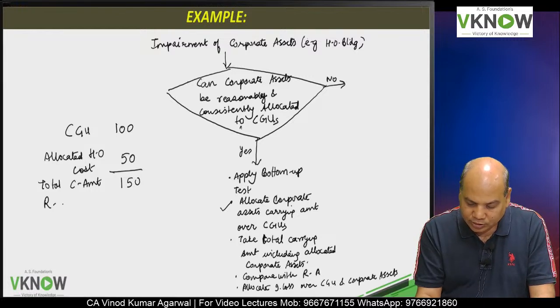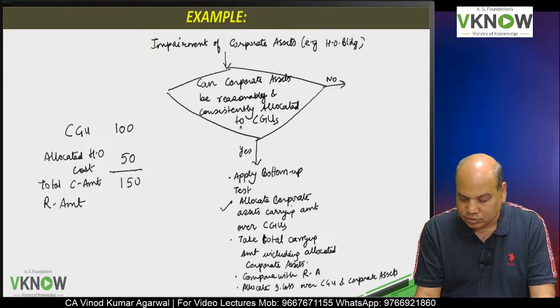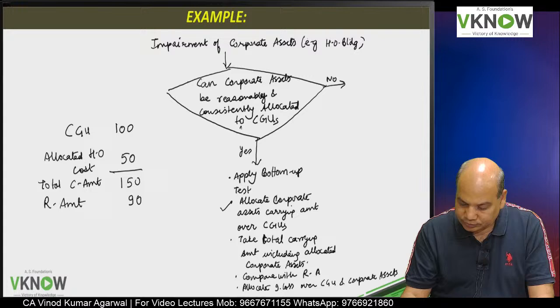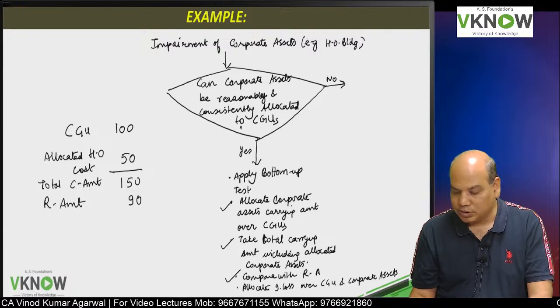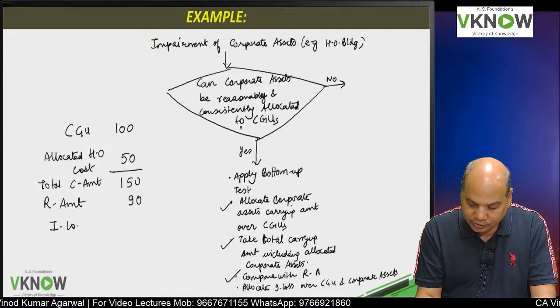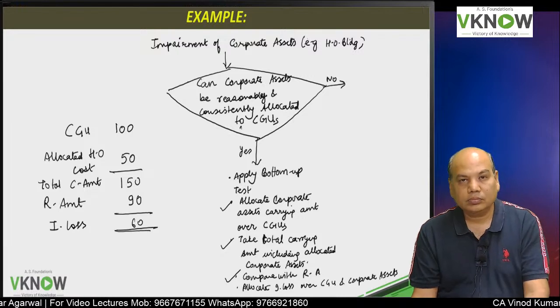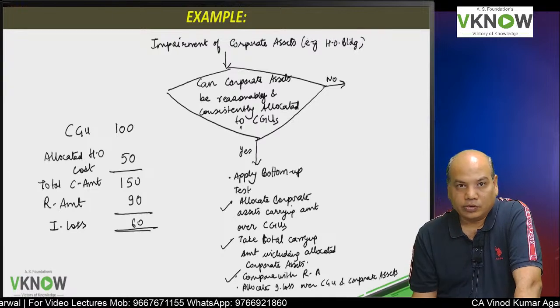Now compare it with the recoverable amount. Suppose the recoverable amount is 90. So there is an impairment loss of 60.